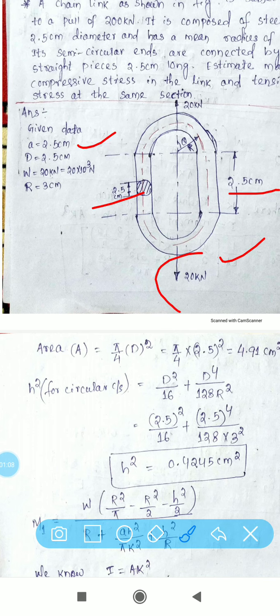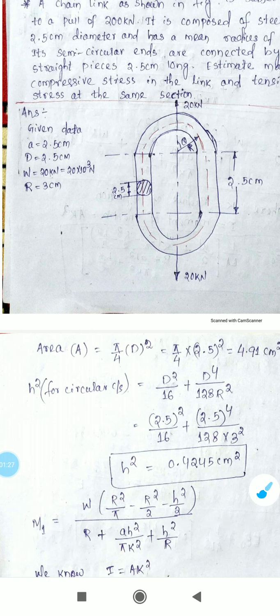Then the tensile load is acting at both ends of the semicircle, that is 20 kilonewton. So 20 kilonewton is equal to 20 into 10 to the power 3 newton. Then the mean radius of the chain link is R, which is 3 centimeter.